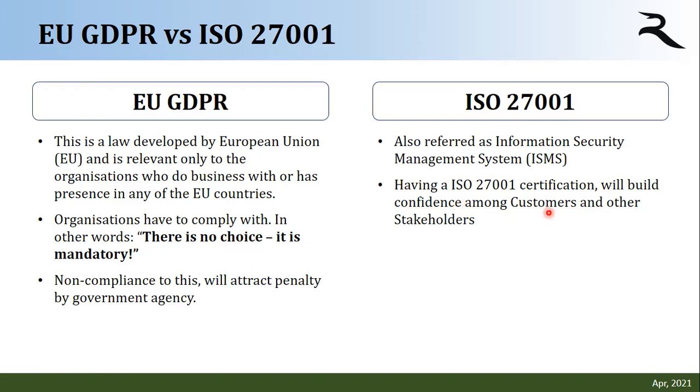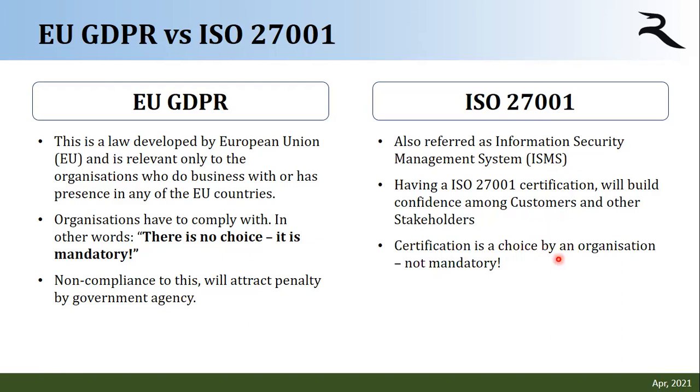Why do companies go for it? So that it builds confidence in the customers and other stakeholders that this organization has been audited by some third party and all their policies and procedures are in place in compliance with the ISO standard. So it just gives that confidence, because nobody can come and audit any organization's systems. Nobody has the time and nobody can even do that practically. But the moment you have an ISO certificate, it gives that credibility and confidence that yes, they have some checks and balances in place.